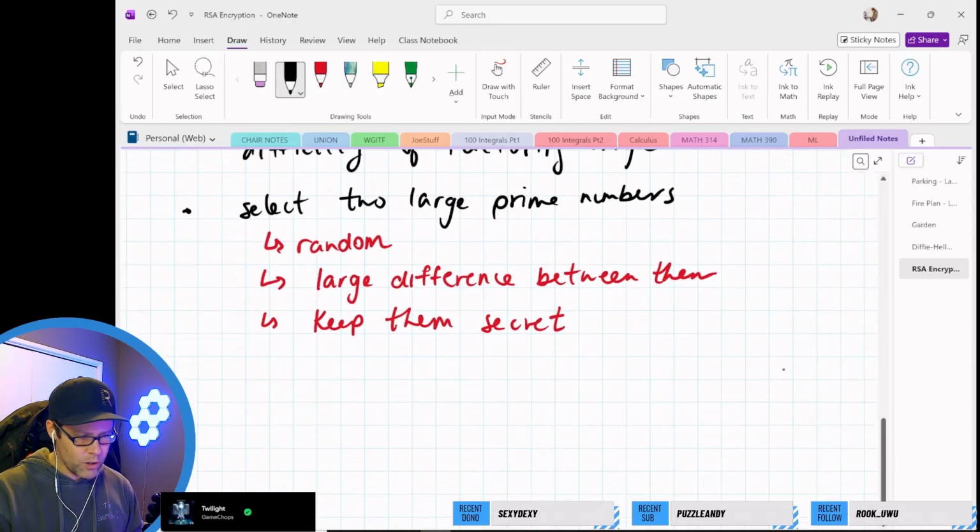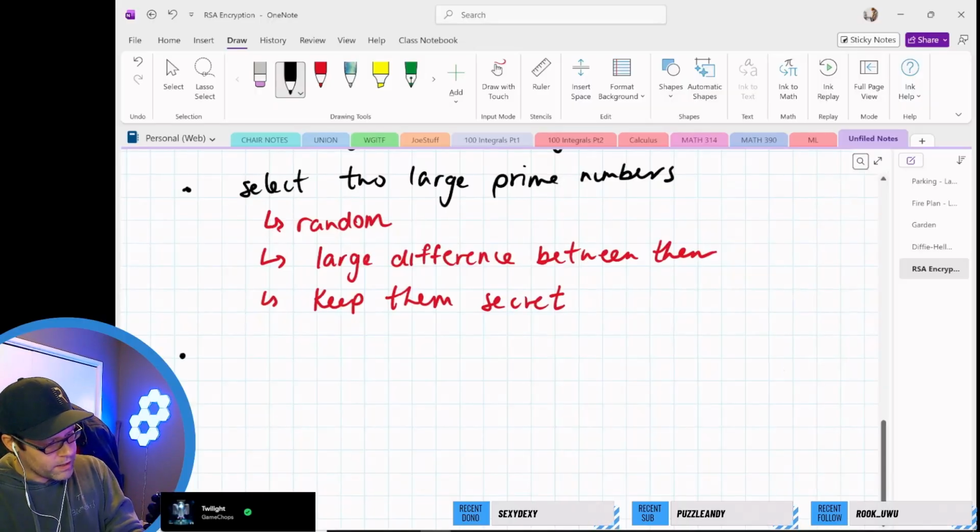So once we've selected our two large prime numbers, the next thing we want to do is multiply them together to get a really, really large integer n.